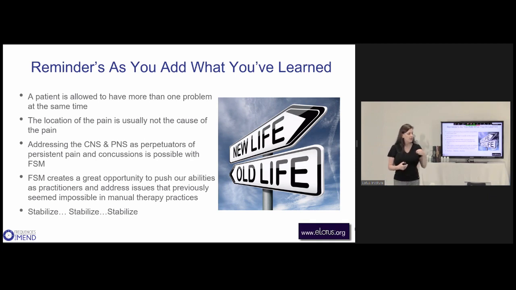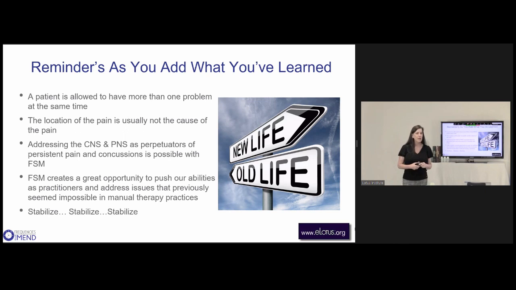So remember, we want to be addressing that central nervous system and peripheral nervous system first as the perpetuators of patients' persistent pain. And remember, within that central nervous system is the limbic system. It could have been those things that happened in early childhood, the adverse childhood experiences, coupled by other very, very traumatic things that happen later in life.